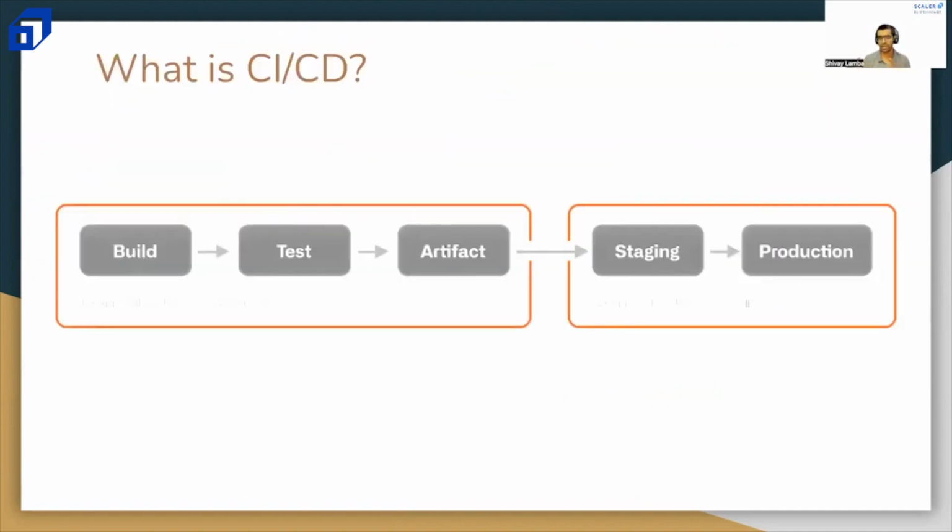And with respect to the deployment, once you have made sure that your code successfully builds and also passes all the different test cases that you have written for the code, you can go ahead and push it to production. Now, of course, in case you're working on larger projects, you might have multiple environments inside your project. That might include things such as the development environment and the staging environment.